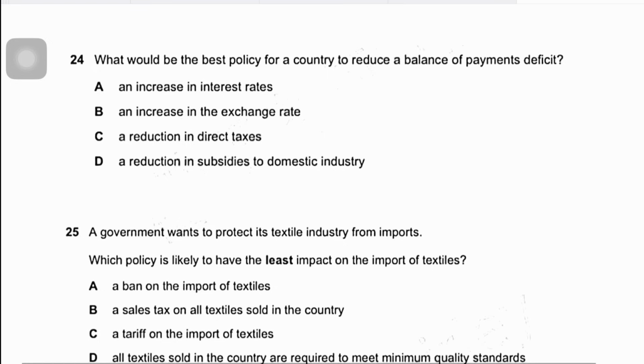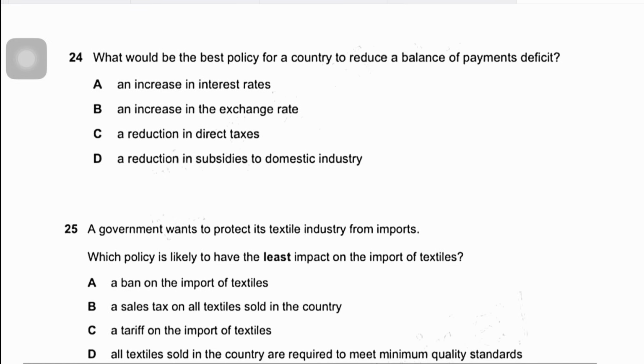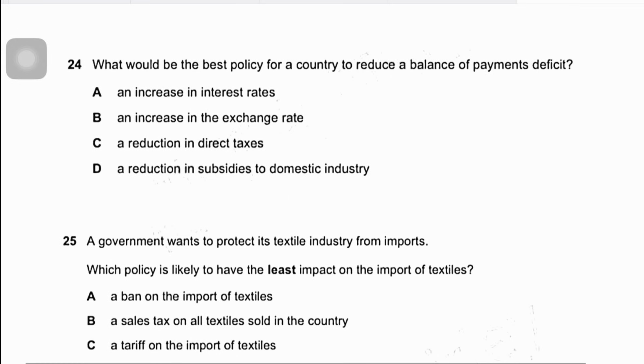And a reduction in your direct taxes will increase your disposable incomes and can potentially increase spending on imports, again worsening your BOP deficit or your current account deficit position. And reducing subsidies would increase production costs, making domestic goods more expensive and less competitive internationally, which can lead to a decrease in exports and potentially increase your current account deficit.